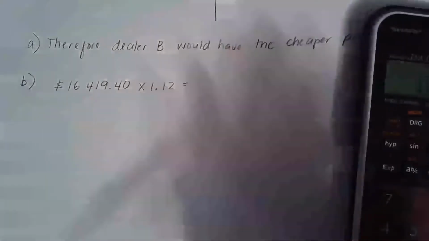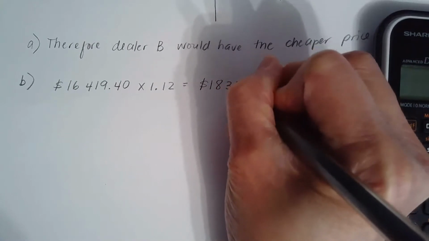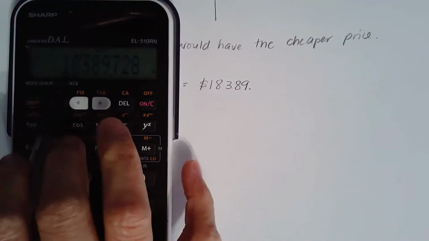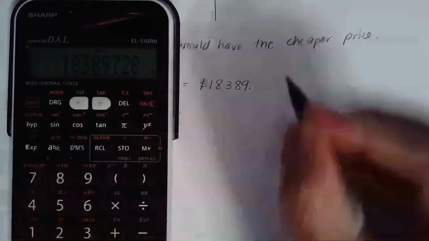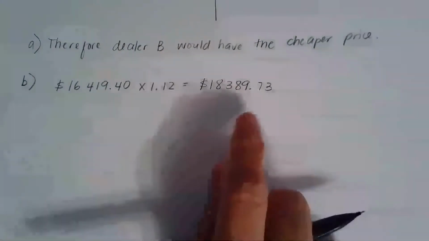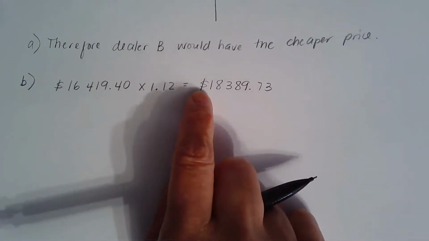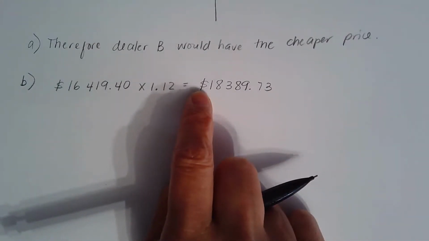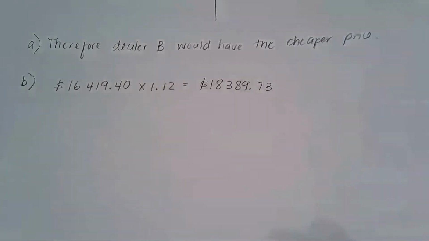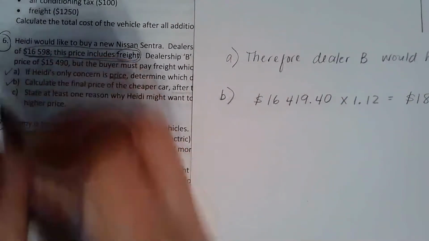It's going to be $18,389.73, rounding it off properly with two decimal places and making sure we have a dollar sign at the front. So we did letter B.